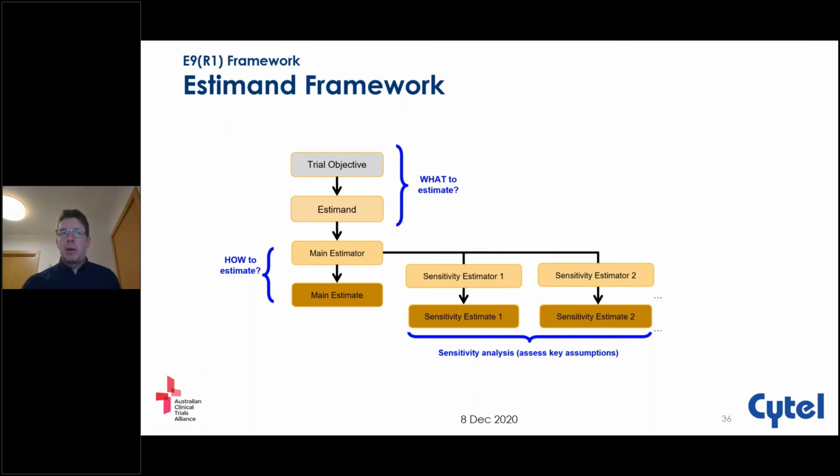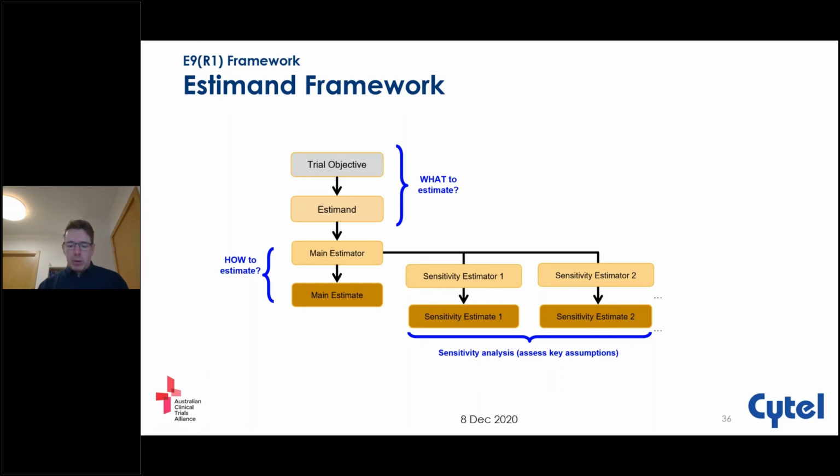And they're talking about specifying all of this in the protocol and in more detail in the analysis plan. So what it does is it actually creates more things to take care of in the protocol. Because this isn't a directly statistical thing, this is actually something for the whole clinical team to review and agree on.